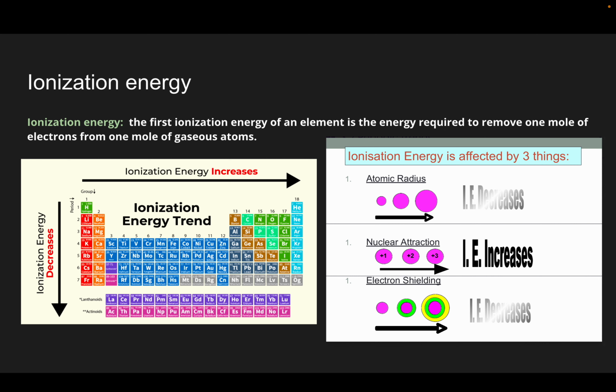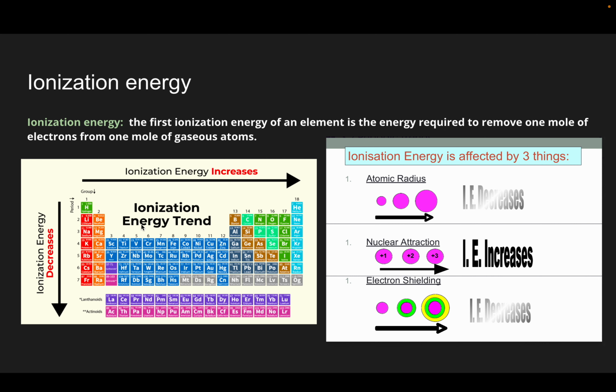These key terms are really important during the IB exam because you can explain a lot of things knowing this definition. And as you can see on the left picture, ionization energy increases as you go from left to right across a period, and it decreases as you go from the top to the bottom of a group.